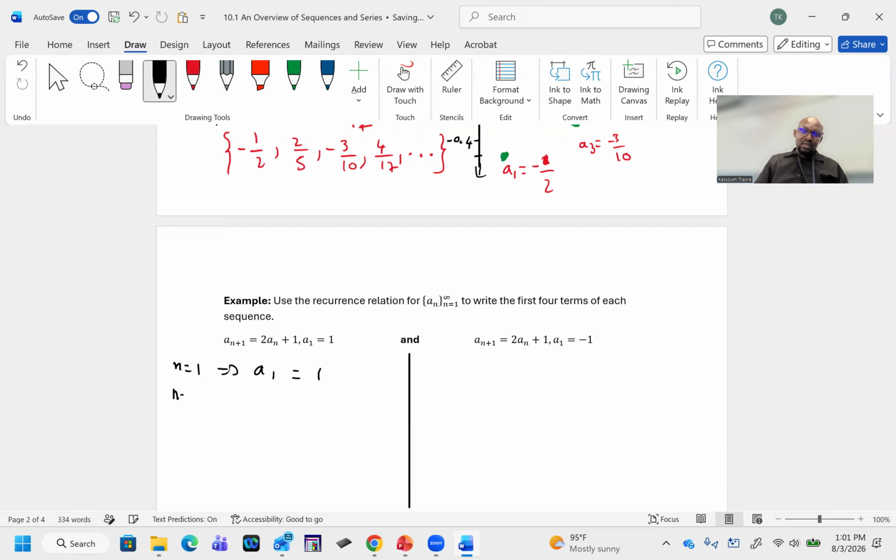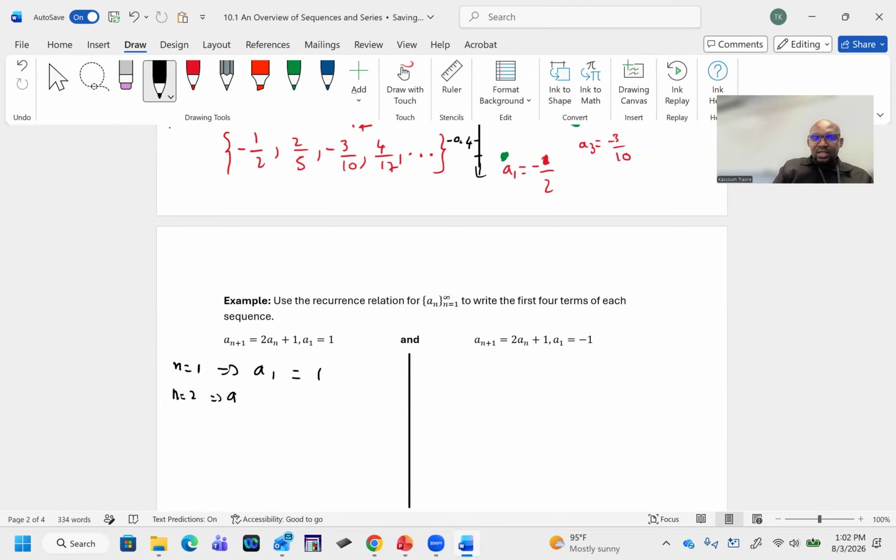So when n is equal to 2, we know based on the recurrence form, this n will be 1, right?